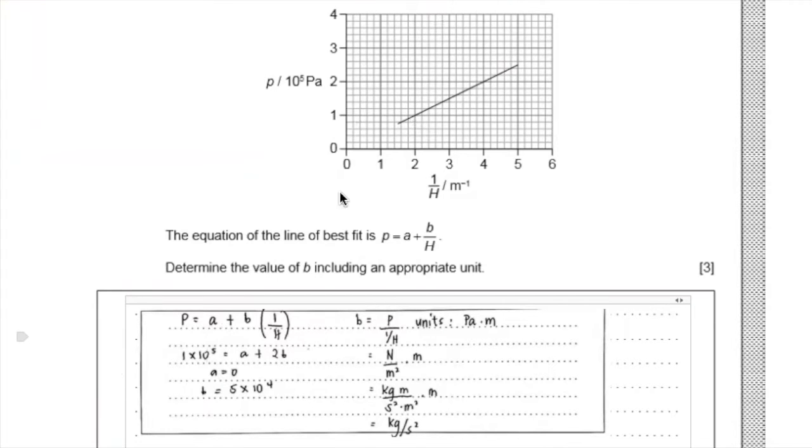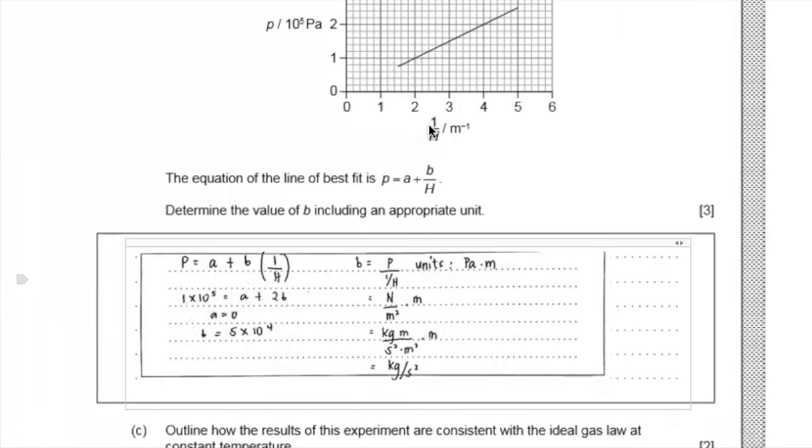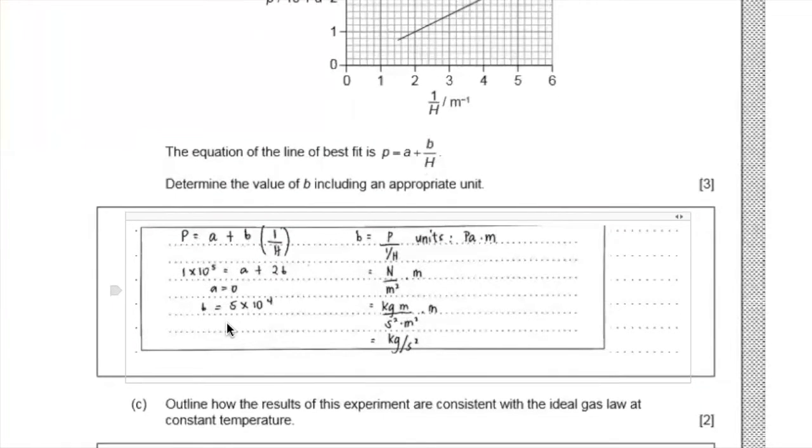So we can have P, which is 1 times 10 to the 5th, is equal to 2B, since 1 over H is equal to 2 and A is equal to 0. So therefore, we can say that B is equal to 5 times 10 to the 4th.